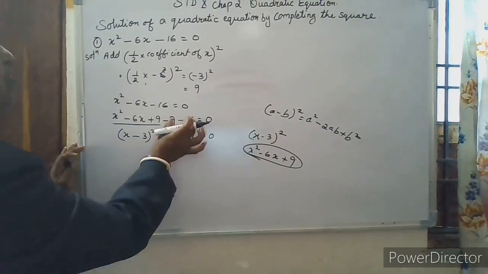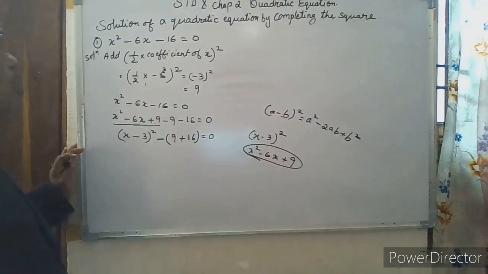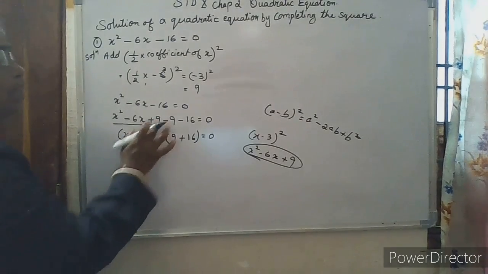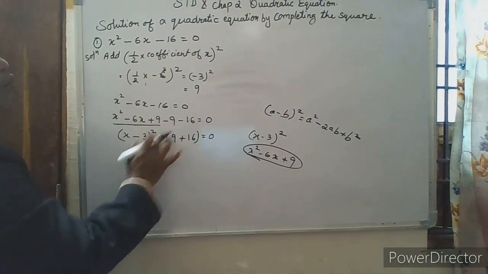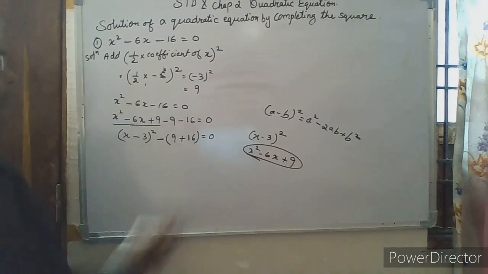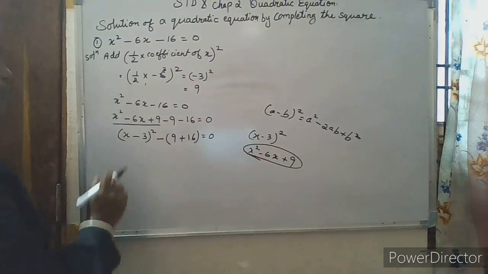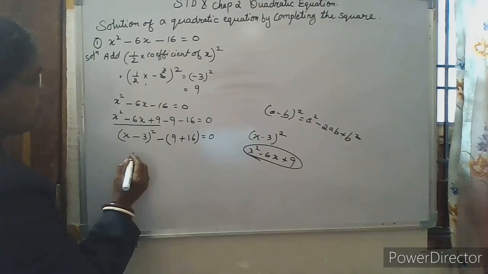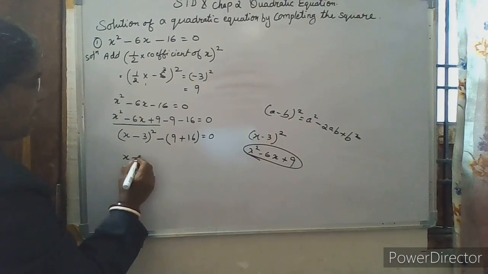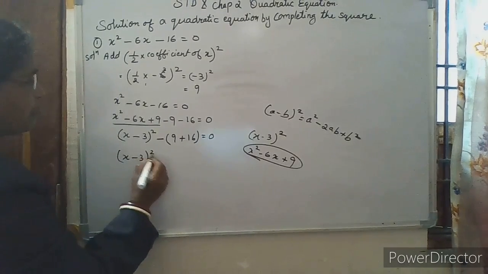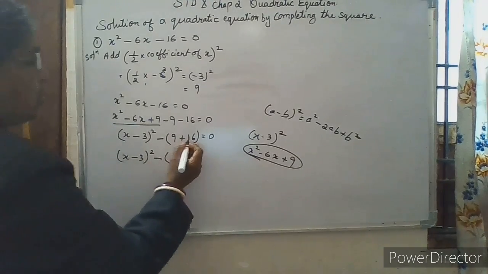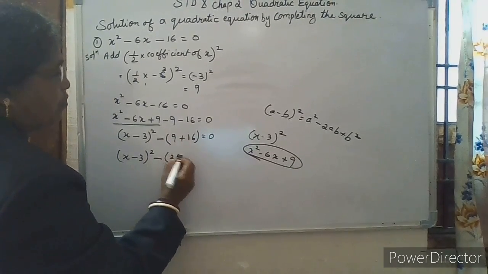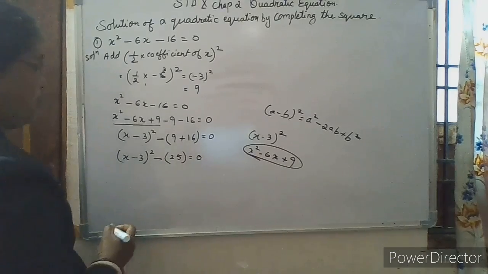Bring out the common minus sign and put these two numbers in the bracket, multiplying the sign. So these two numbers in the bracket, this will remain as it is: minus 9 plus 16 is equal to 25, equal to 0.